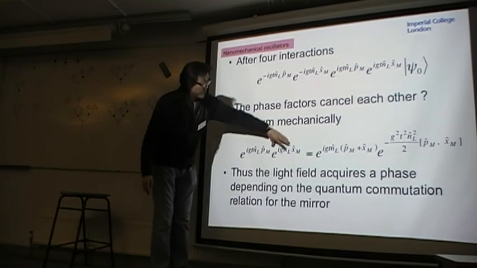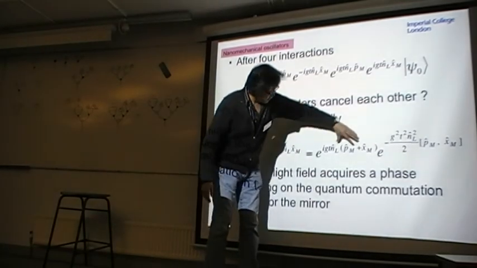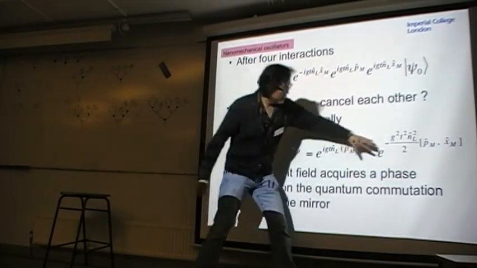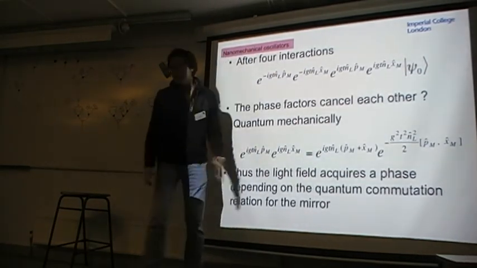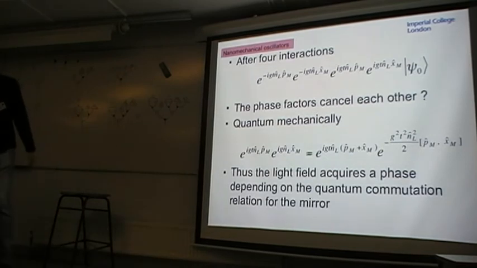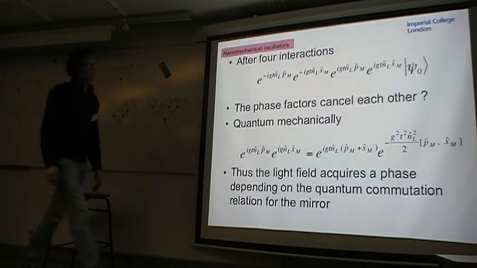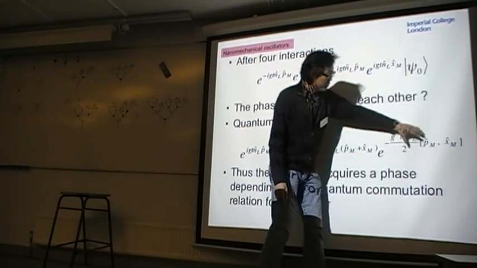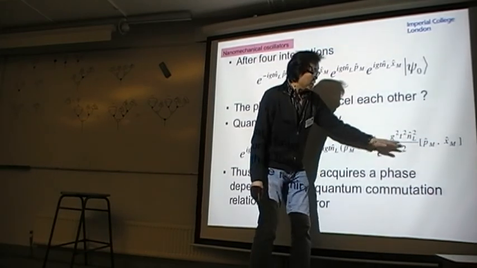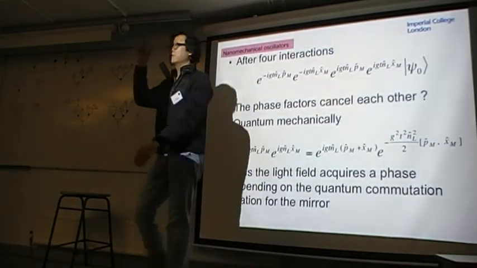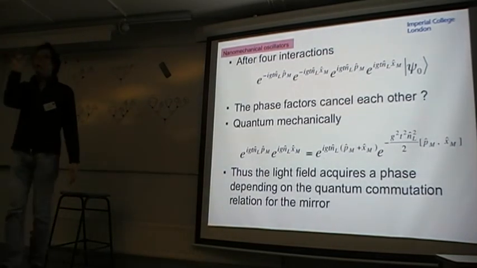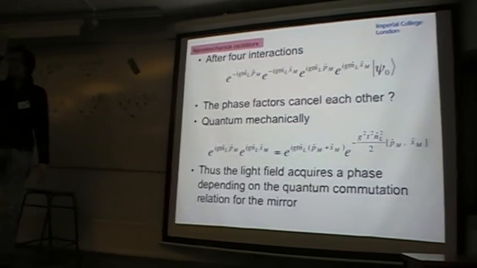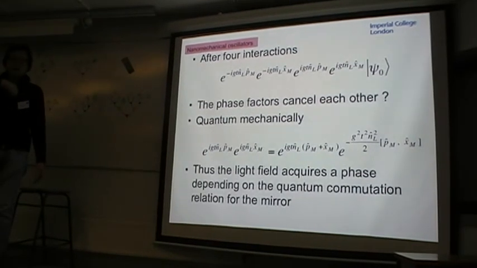Just 2 operations here will give this operation, and then that. At the end, you will see that the whole thing together sums up with only the commutation relation. The commutation relation of the 2 operators will give the change of the phase of the outcoming light field.